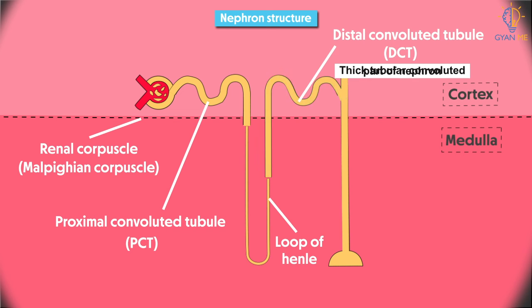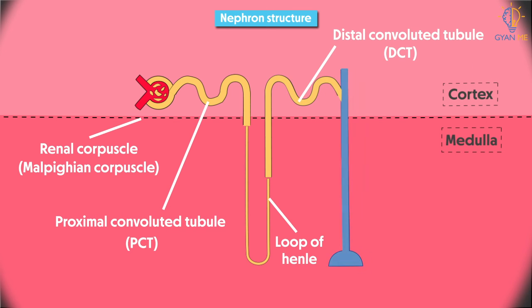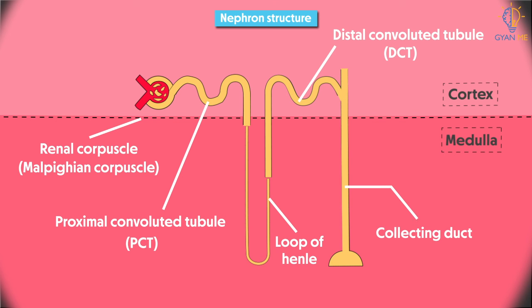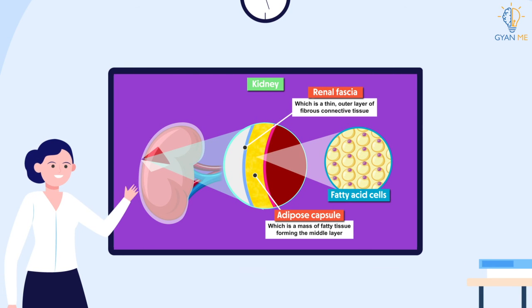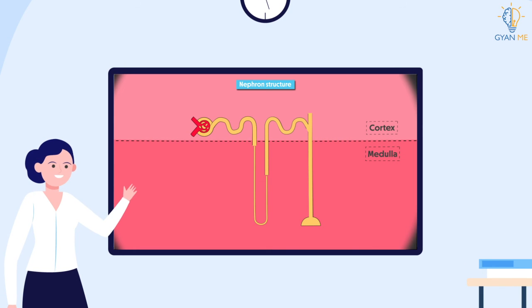Now the renal tubule opens into a bigger vessel called the collecting duct. So students, what we have seen is the structure of the kidney and the structure of the nephron, which is the basic structural and functional unit of the kidney.